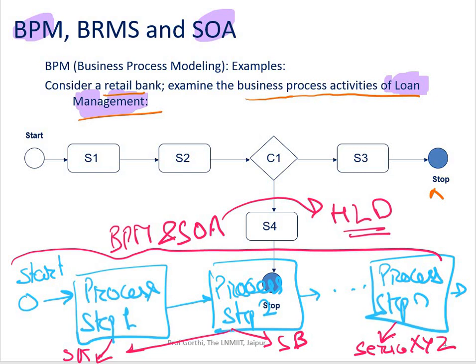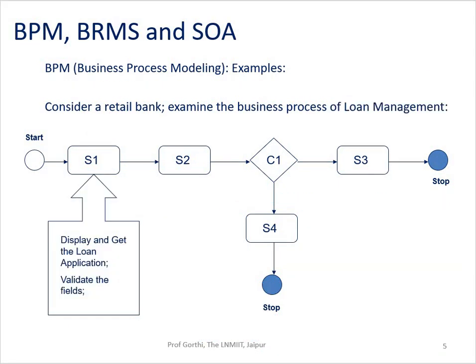So coming back to our same loan management example, we went for a start and we saw that we display and get the loan application and validate the fields. This is what my first screen will do, and this is my first process.